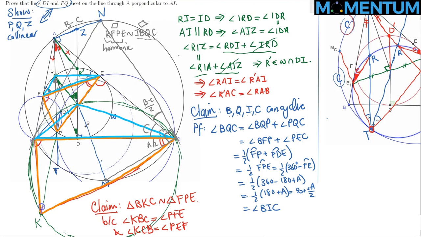So K, I, C. Obviously this line does not go through T, not necessarily, at least, unless it does. I don't think so. So for the time being, let me just skip that. So K, I, N are collinear.